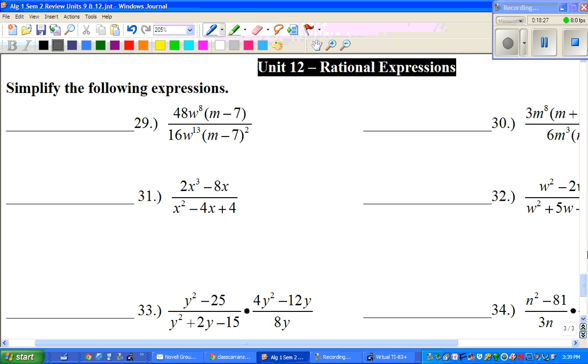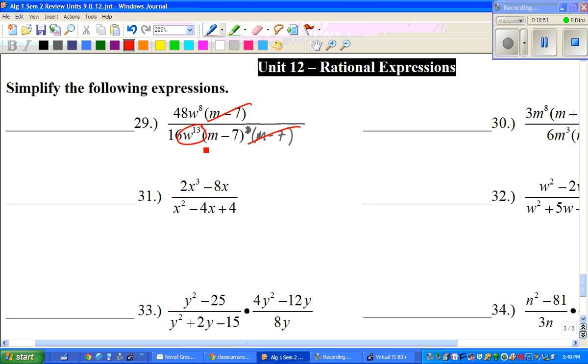Last one, Unit 12, Rational Expressions. So, first thing I notice on the bottom is that the squareds here, so I'm just going to write another m minus 7. Okay? So, I know that my m minus 7s cancel.